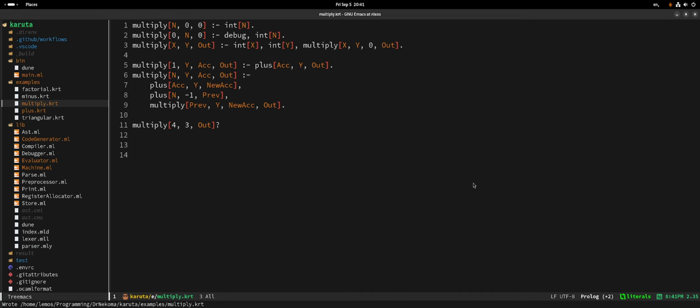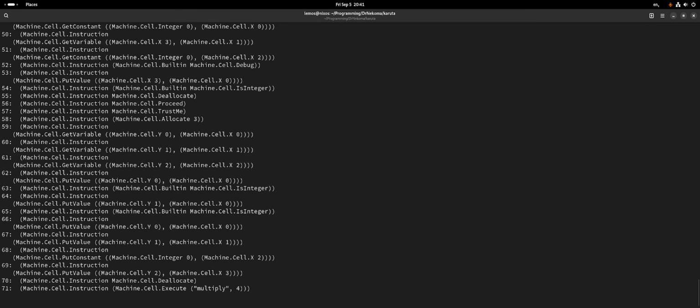Okay, so we hit the debug. We should at this point have a zero, a variable, and another zero, right? Which is clearly not. Can you print the code segment in the debugger, please?